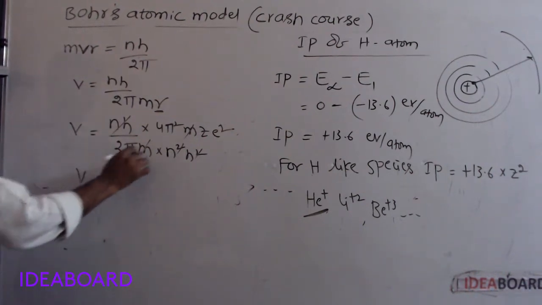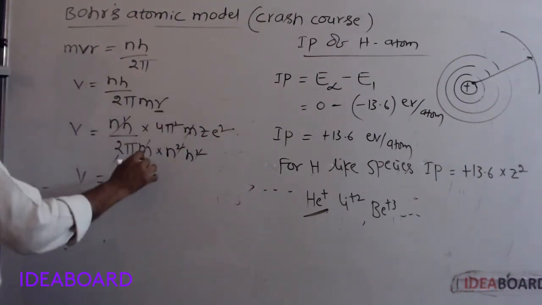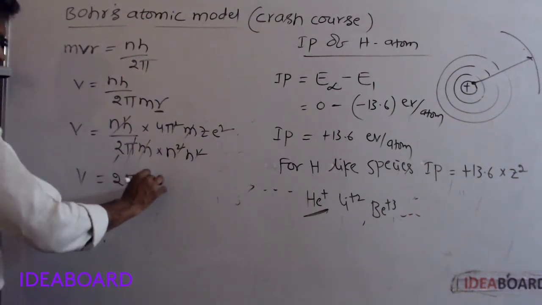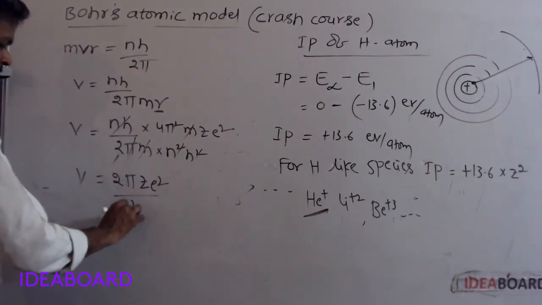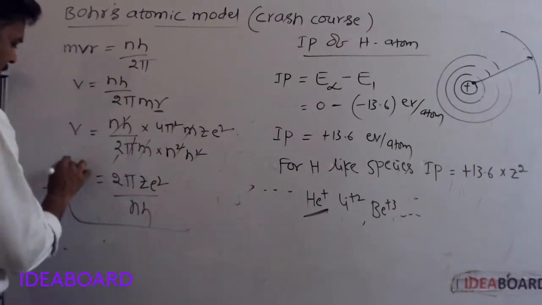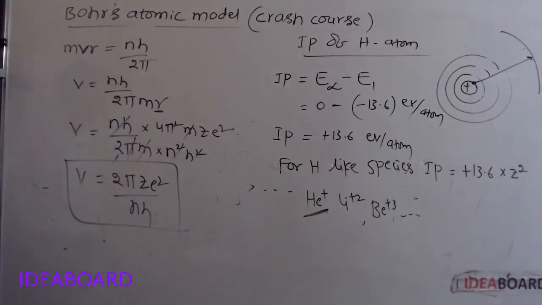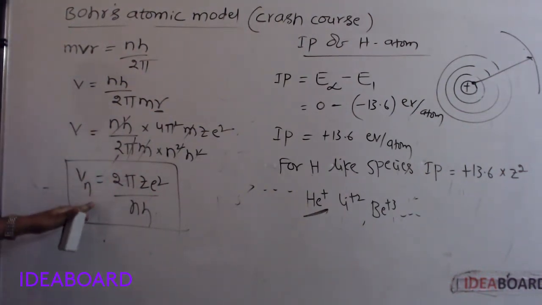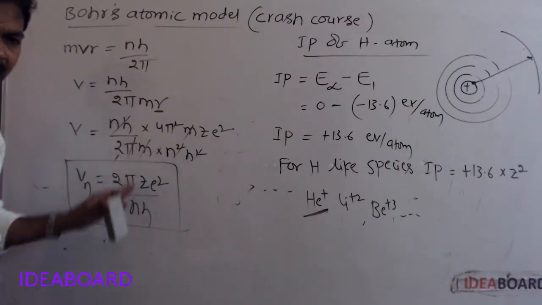Then v is equal to 2 pi e square Z divided by nh. So Vn, the velocity of the electron in the nth orbit of hydrogen, is equal to 2 pi e square Z by nh.